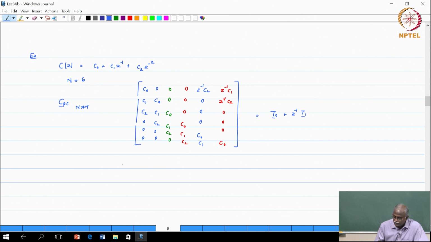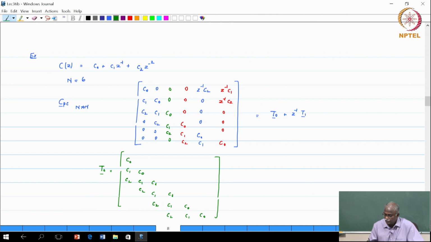Okay, so T naught in this case would be a 6 cross 6 matrix, C naught, C1, C2, C naught, C1, C2, C naught, C1, C2, C naught, C1, C2, then C naught, C1, and then C naught. That would be the T naught matrix. Okay, plus then you would have, I do not need to put a plus here, Z inverse times T1.